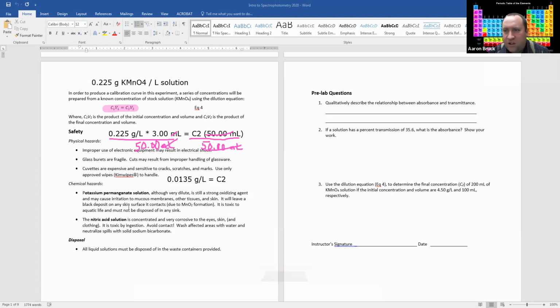So looking ahead to your pre-lab, you can see that the majority of the questions we've already kind of answered. Qualitatively, the relationship between absorbance and transmittance, we've talked about that in the previous materials. If I have a solution with a transmittance of 35.6, what is the absorbance? Well, remember that absorbance is equal to the log of the transmittance.